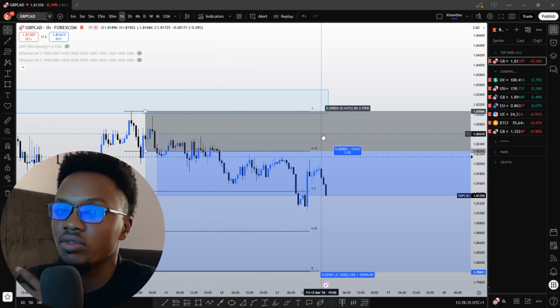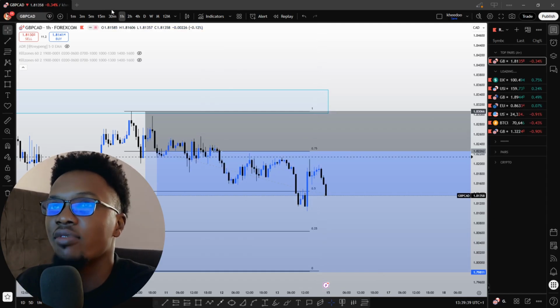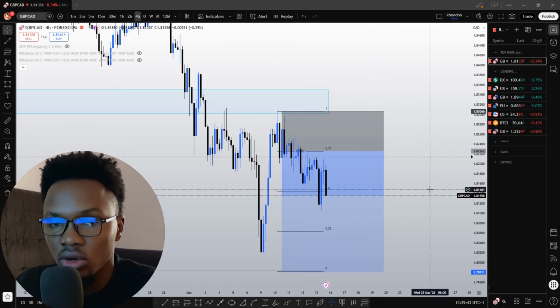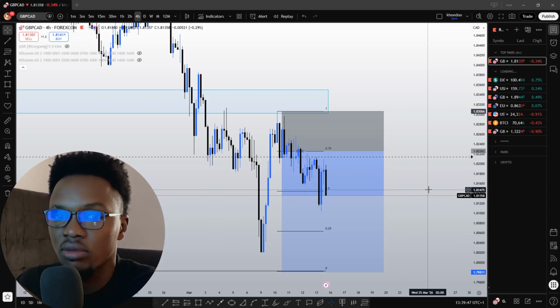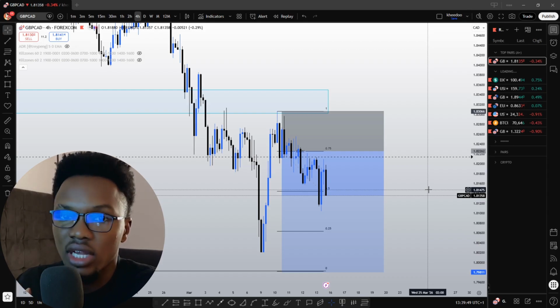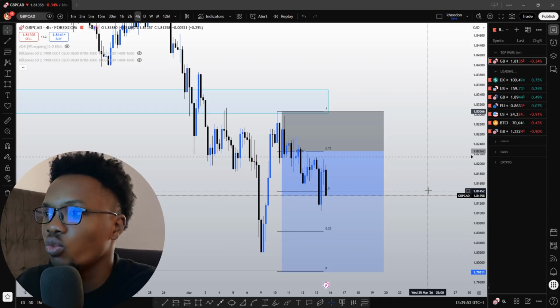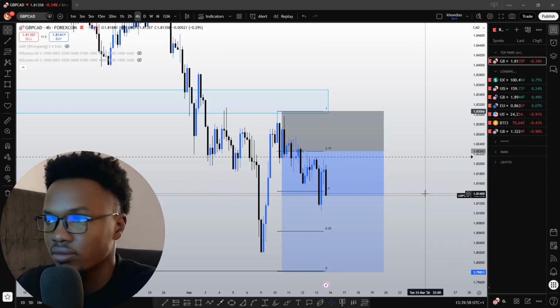So I was not really concerned, but at the same time I was like, what's happening? Because I for one knew that the pound itself is weak also. If you all remember, the news that came out for GBP was negative. That's the GDP. So it was kind of like, which is going to be weaker, the pound or the Canadian dollar?